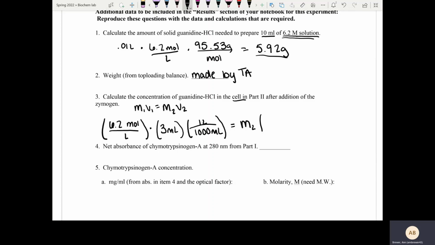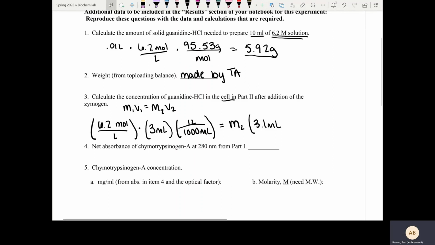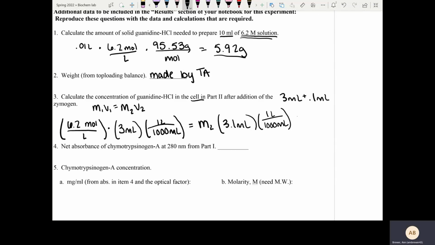And then our V2 will be 3.1 milliliters because we're saying in our cell we have 3 milliliters and we're adding an additional 0.1 milliliters. So that's how we get 3.1. And again, we convert to liters. So 1 liter is 1,000 milliliters. This gives us an M2 equal to 6 moles per liter.